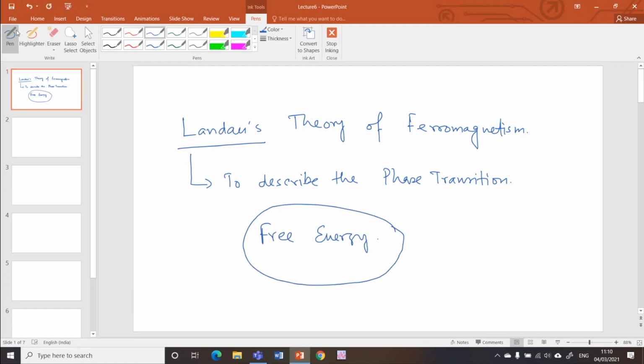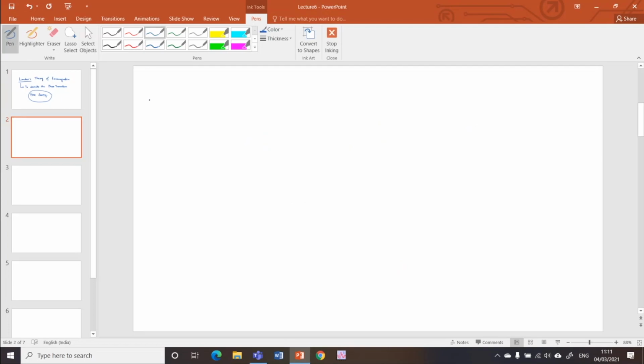Okay, so I hope all of you know what is a function, what is a functional, right? So what it does is that it expresses the free energy of a ferromagnet, let's say with magnetization M, in terms of a power series.